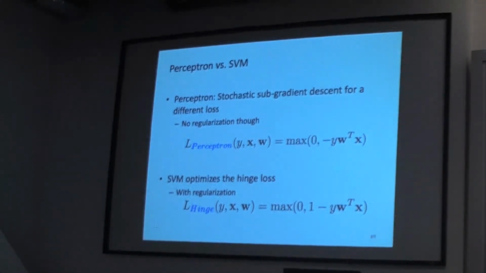On the other hand, if this max function takes the latter, minus y w transpose x, there's only one reason: this product itself is negative. If this part is negative, the negative becomes positive. So you need to calculate the subgradient of this term, which is y times x.